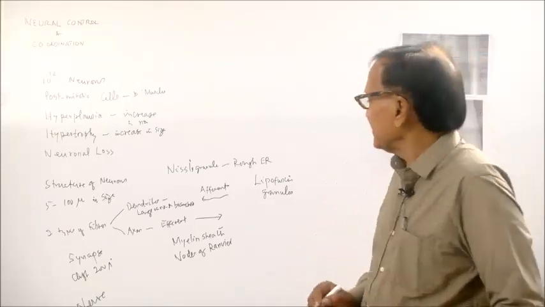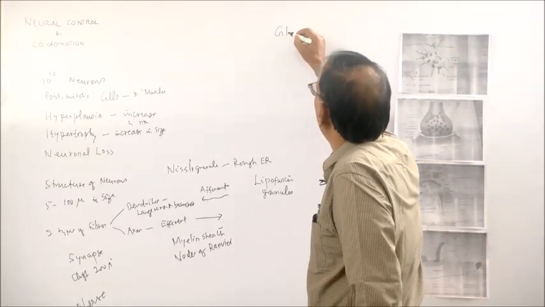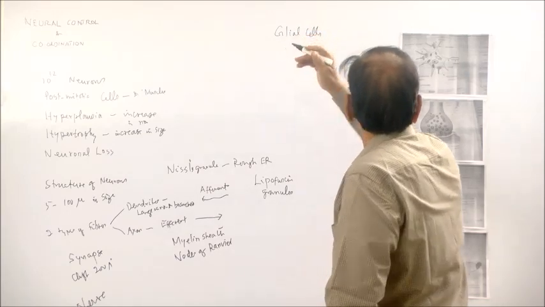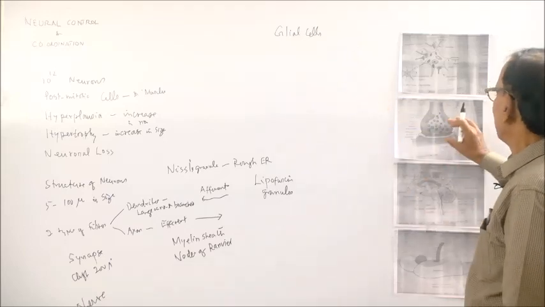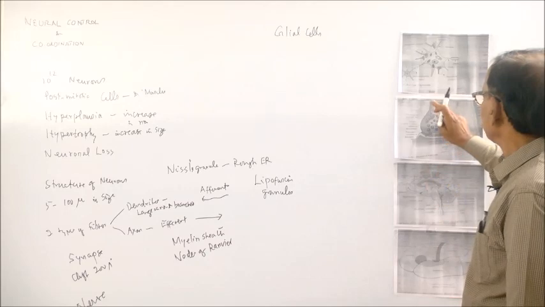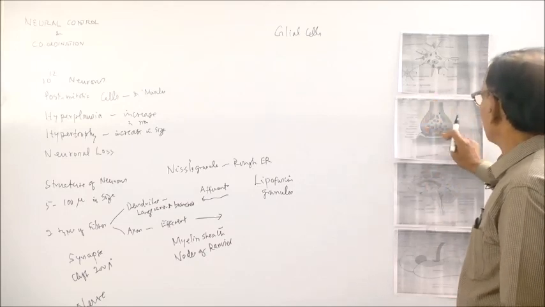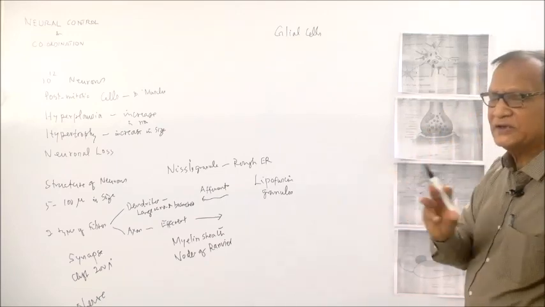Now, another interesting thing, before we go to glial cells, let us spend some time on this synapse. So, this is that axon. You see, axon is written here. The axon ending is enlarged to form a synaptic knob.